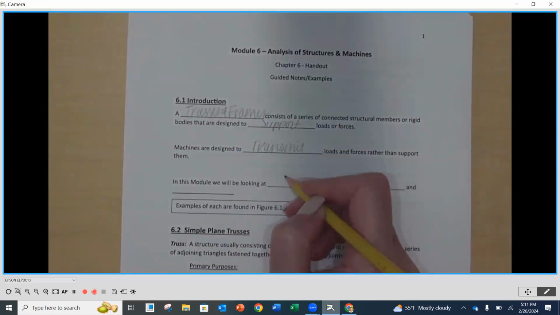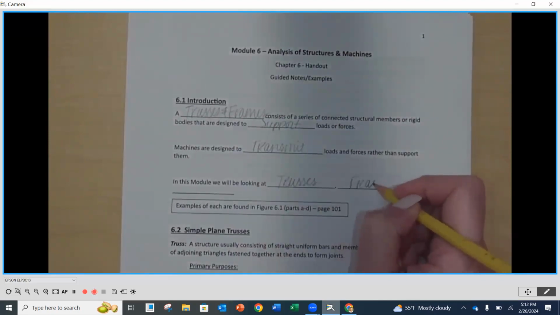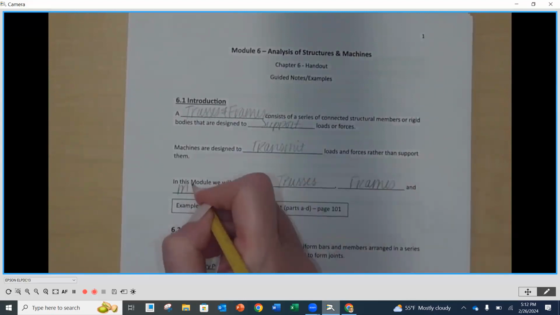So we'll be looking at some pulleys, and some lever situations in terms of hand tools where we can get a mechanical advantage, but we can show how the forces are transmitted through the different setups of the machines. So in this module, we're going to be specifically looking at trusses, frames, and machines.